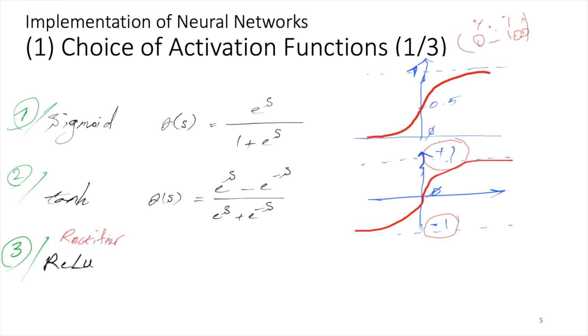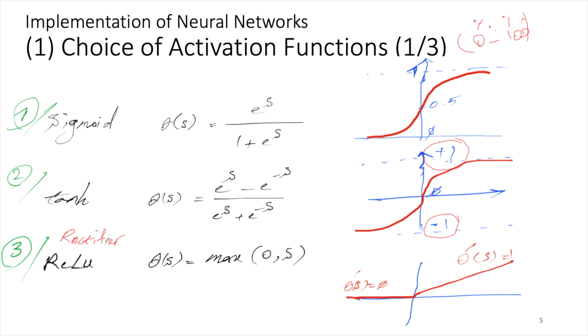So as its name resembles, it rectifies the output. You simply have 0 as the output when your values are minus, and when your values are plus, you have them as a linear output. So this yields an interesting property for our neural network.